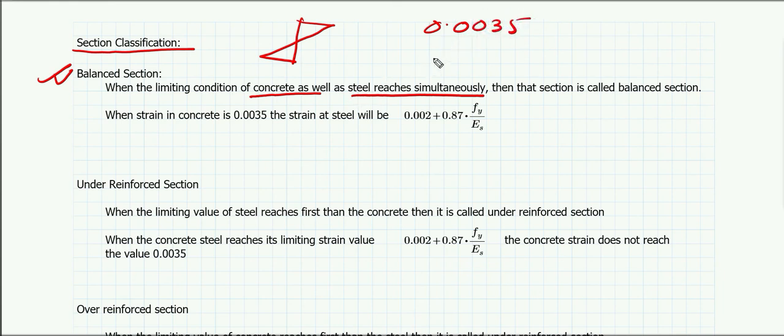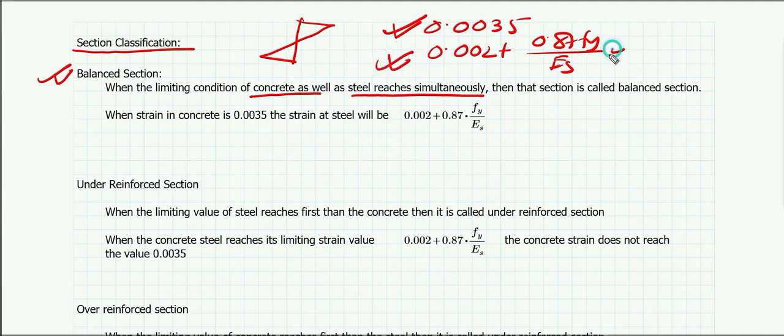What is the limiting condition for steel? It is 0.002 plus 0.87 fy by Es. When the concrete reaches 0.0035, if the steel also reaches this particular strain value, then you call the section a balanced section.